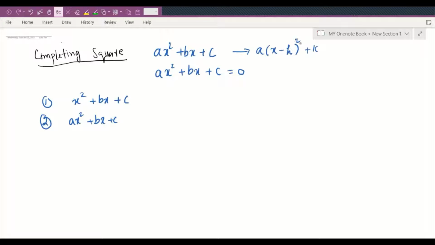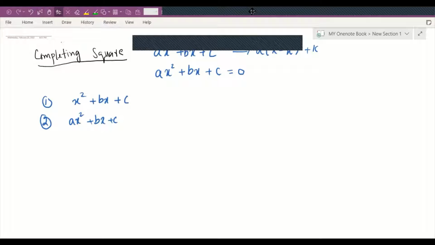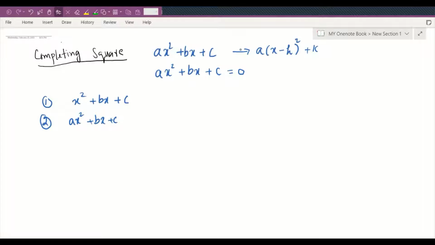When we convert it into completed square form, we get x minus h, whole squared, plus k, where h and k are two numbers. When we express an expression or equation in completed square form, this part will be transformed into this form.